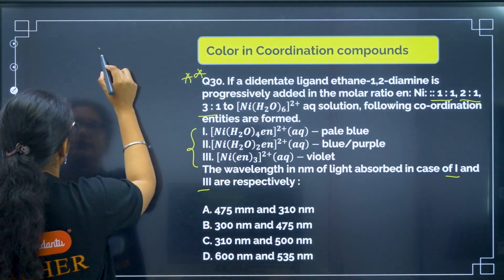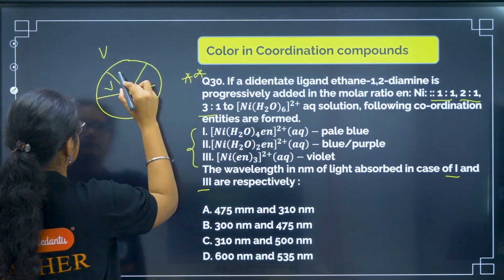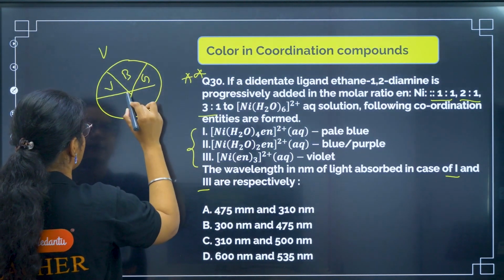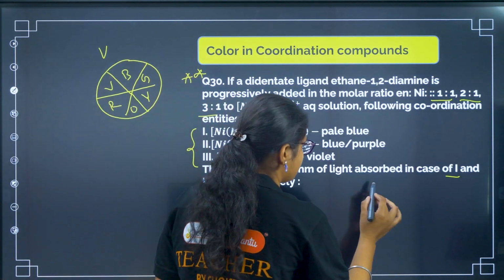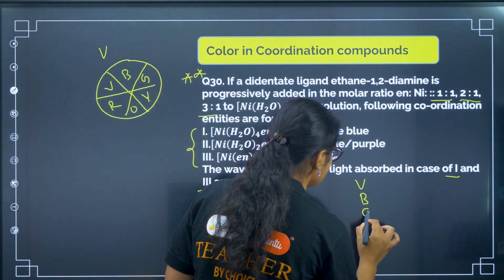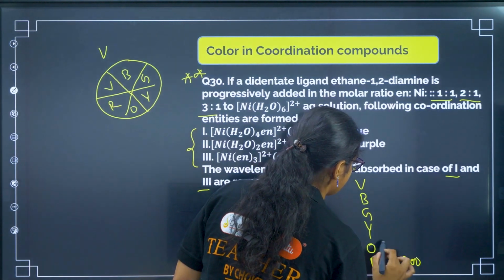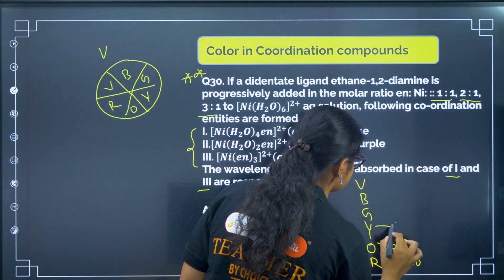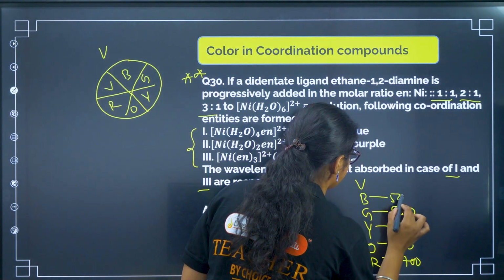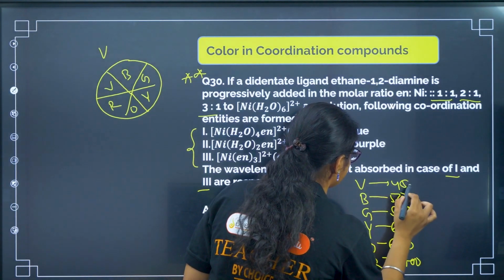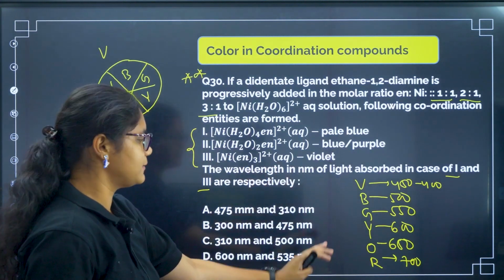Here we should know we have the complementary color system, that is V, B, G, Y, O and R. And I'll also tell you the wavelength. Red is around 700, then 650, 600, then 550, 500, and 450 to 400. These are not exact values, just some ranges I'm telling.